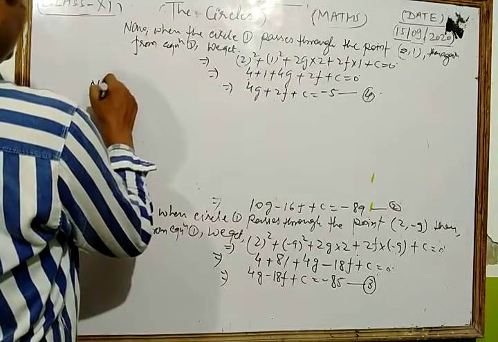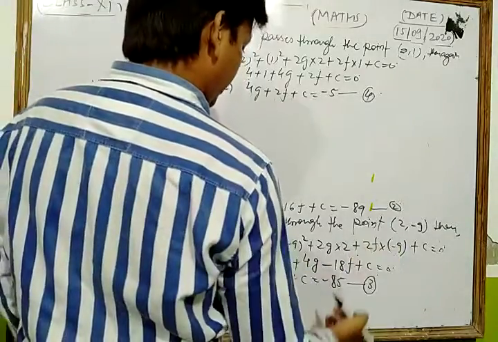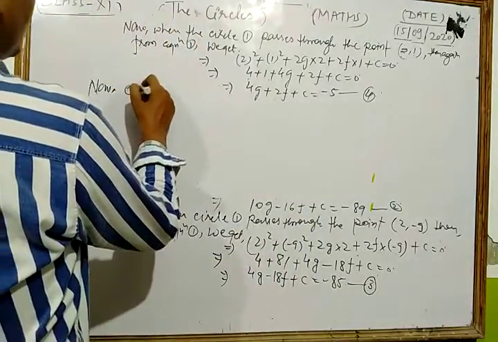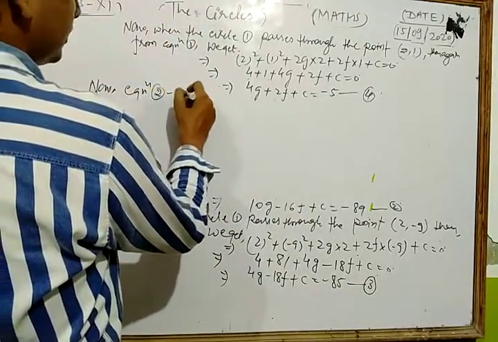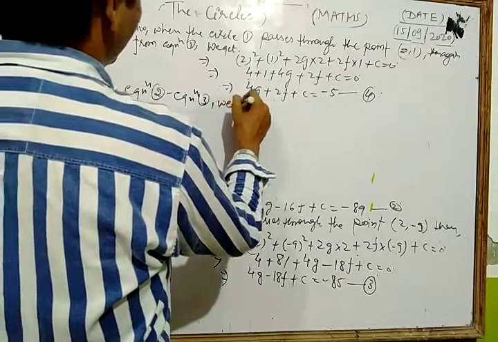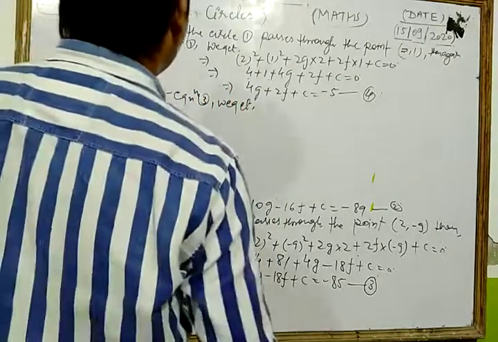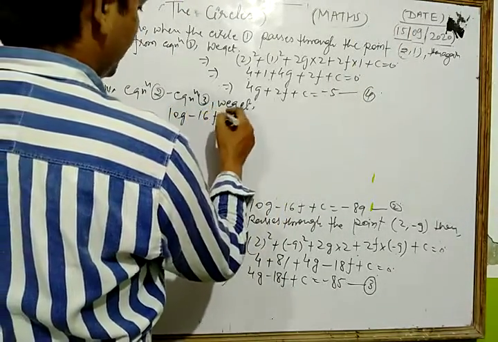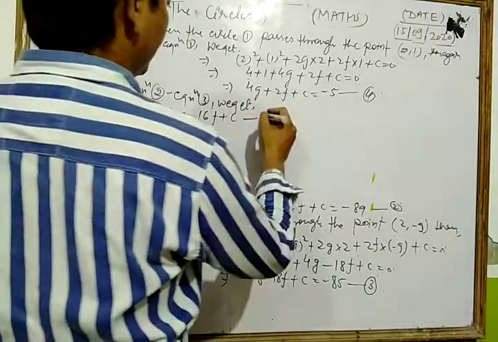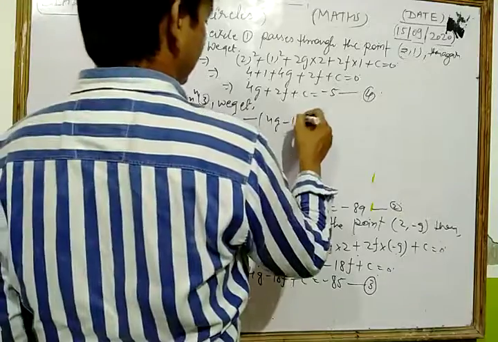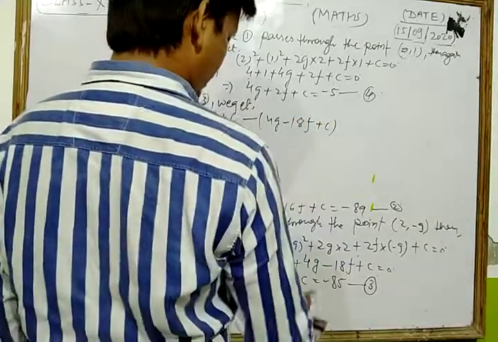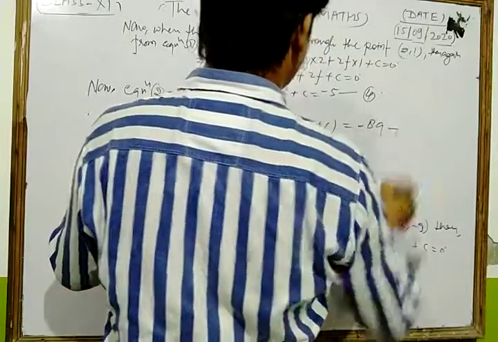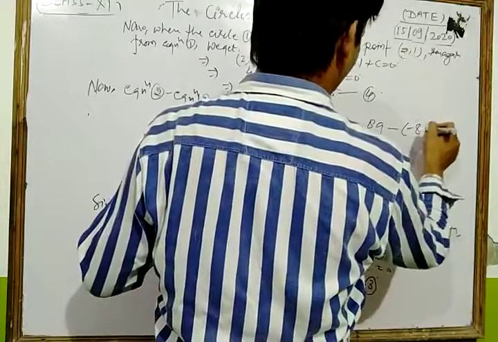Now what I do, dear student, is subtract equation 3 from 2. Equation 2 minus equation 3: we write 10g minus 16f plus c minus (4g minus 18f plus c) is equal to minus 89 minus (minus 85). Now let's solve it, dear student.